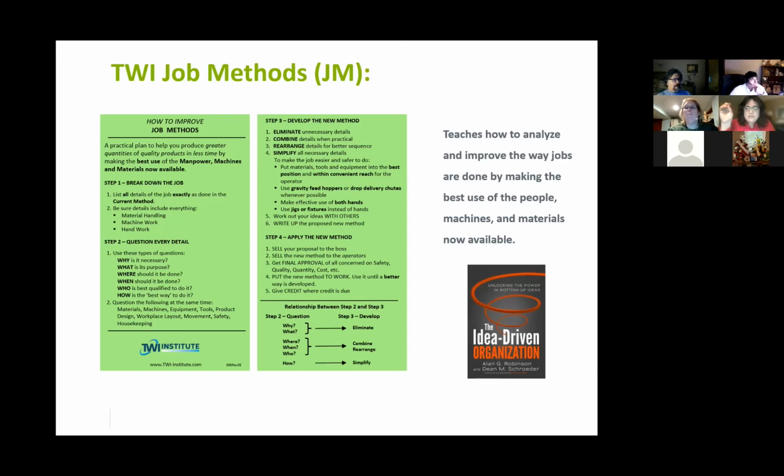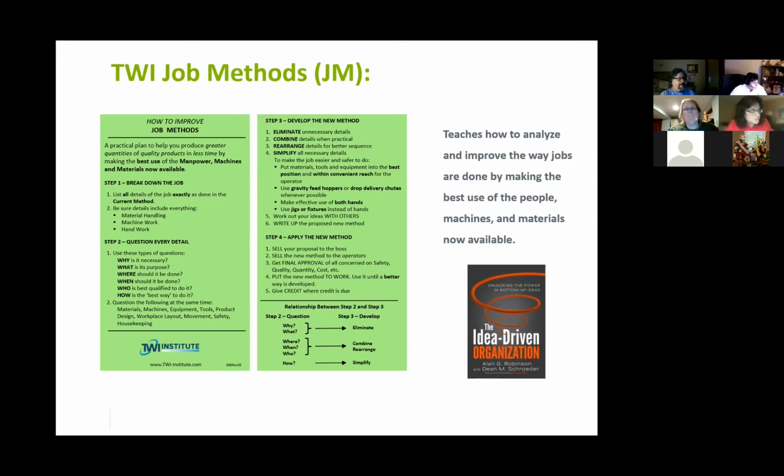The firefighting, the frustration and failure is happening because of problems that can be easily solved. And so you flush them out using job methods. You surface these problems. It gives a voice to the employee for how they can sell the fact that change is needed.